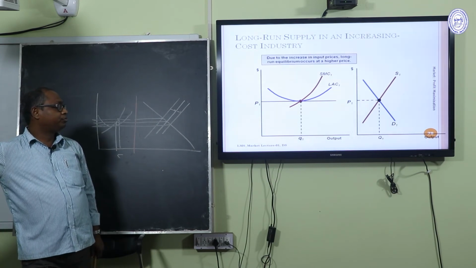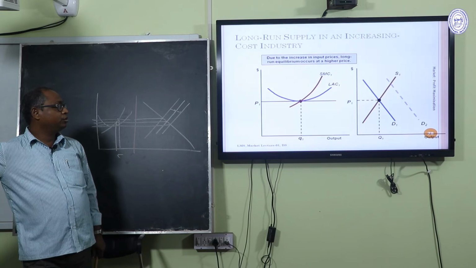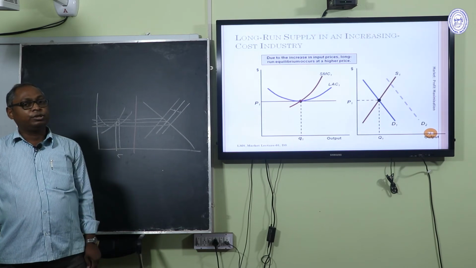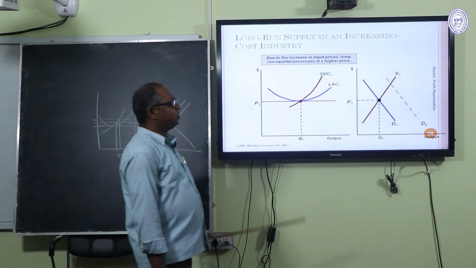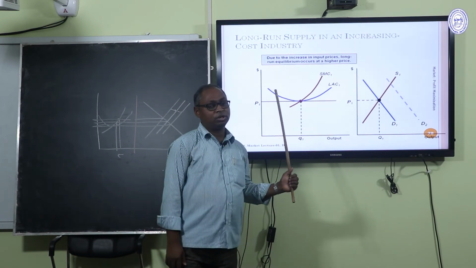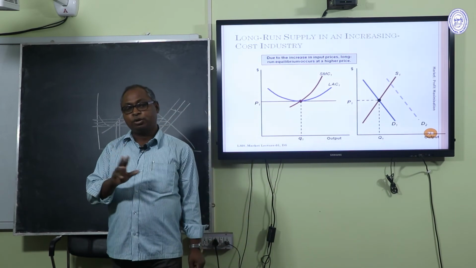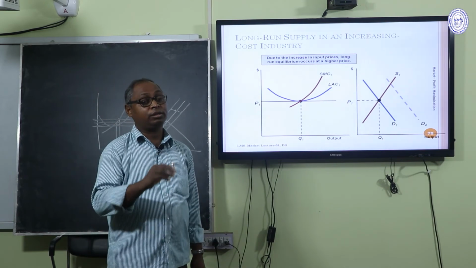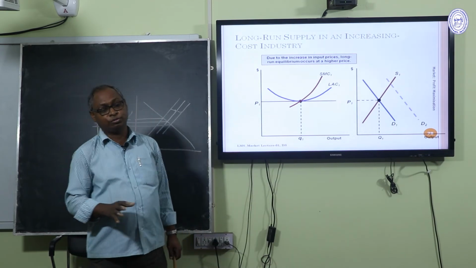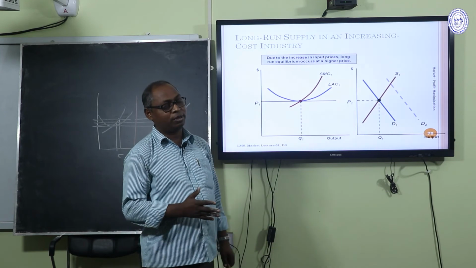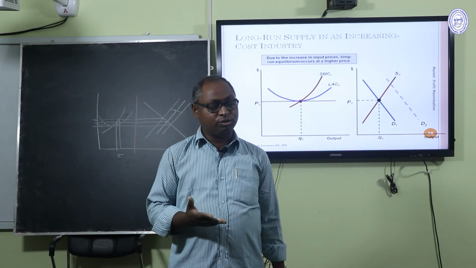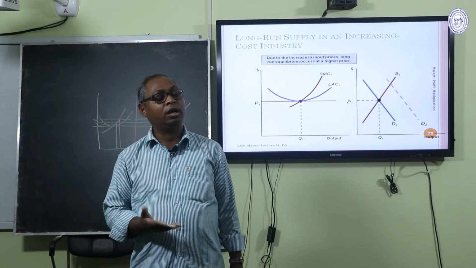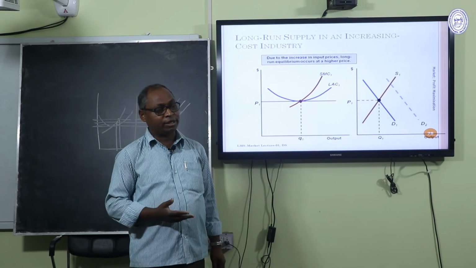Now, if again demand increases somehow, the process is the same as with the constant cost industry. The only difference is that with the entry of new firms in the industry, the cost of the firm will reduce. We can have some example, though there is no perfectly competitive situation in the actual market.